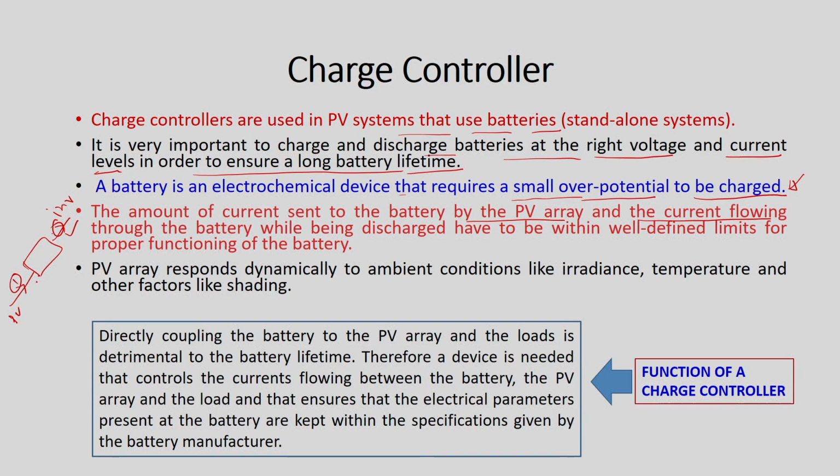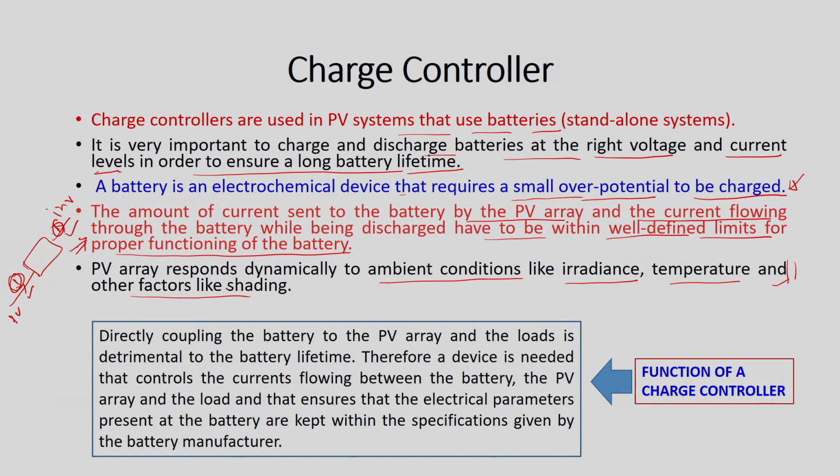This one is for charging and this one is for discharge, and both have to be within well-defined limits for proper functioning of a battery. That is very, very important. The charging current and the discharge current have to be at the proper level as specified by the manufacturer. The PV array responds dynamically to ambient conditions like irradiance, temperature and other factors like shading, which we discussed in the last class.